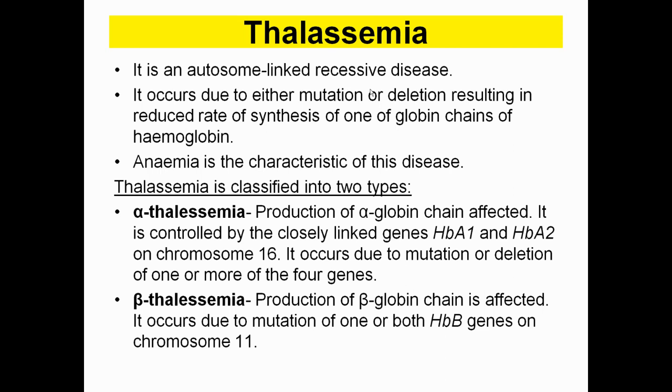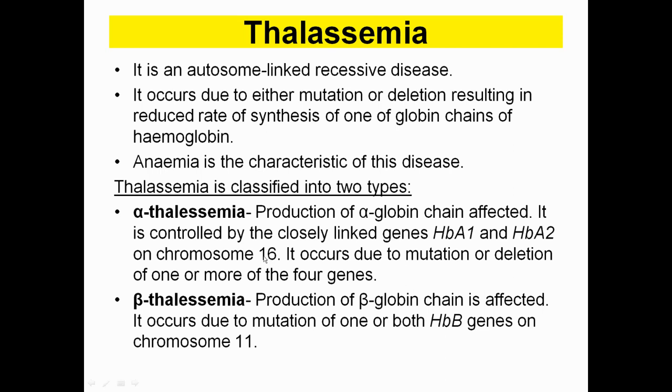It is of two types, alpha thalassemia and beta thalassemia, depending on which chain of hemoglobin is being affected. Production of the alpha globin chain is controlled by closely linked genes, HbA1 and HbA2, on chromosome 16.